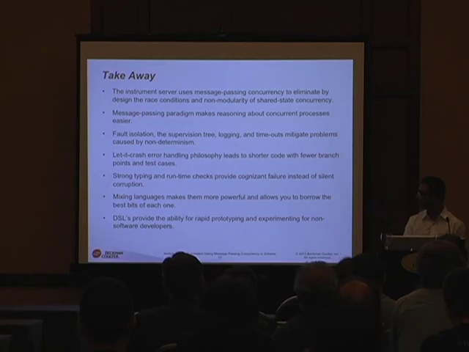Fault isolation and the supervision tree give us the ability to debug very nicely. And even when things run well for a long time and something goes bad once in a while, you know that you're going to get enough logging and tracing to figure out what went wrong.